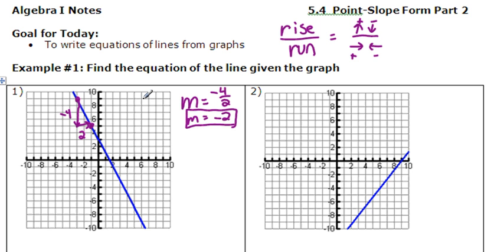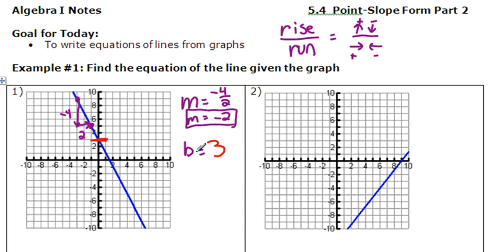The next thing you're going to check for in your graph is if you're given a y-intercept. I'll know if I'm given a y-intercept because I'll be able to see where it crosses the y-axis. So if I look, it crosses the y-axis, or the vertical axis, at 3.